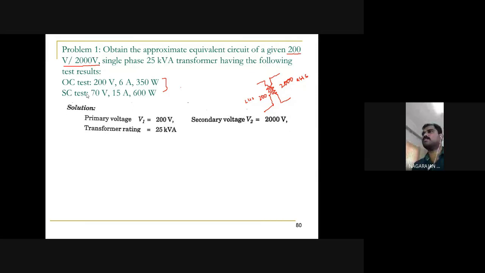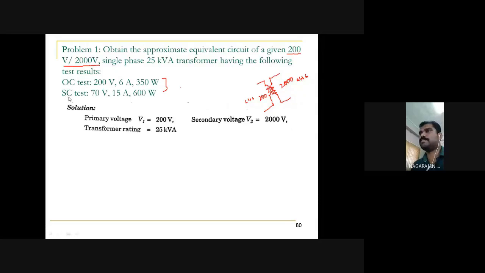So let us go to the problem. First write the given data. The primary voltage I have assumed on the low voltage side: 200 volts is assumed to be the primary voltage here. You can even take 2000 volts as the primary side, that is your wish. But you should be very clear on which side the open circuit test is done and on which side the short circuit test is done.